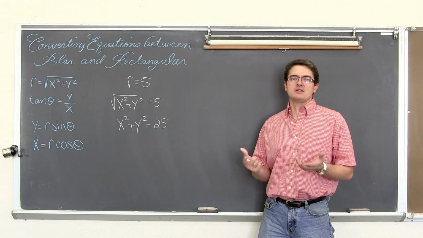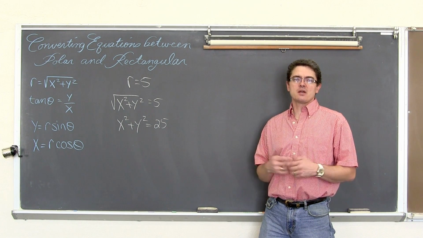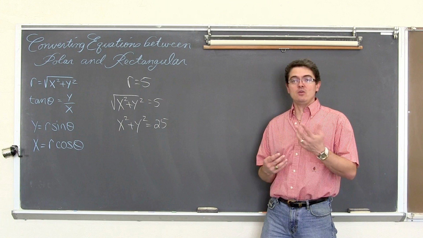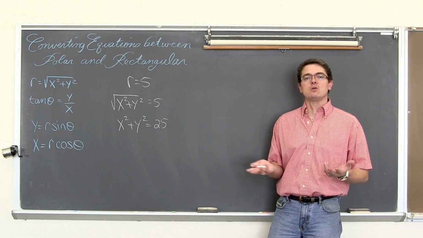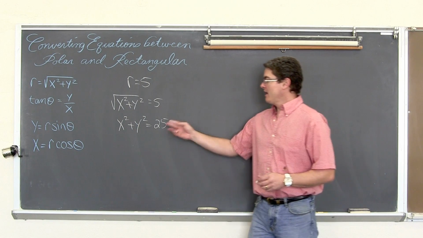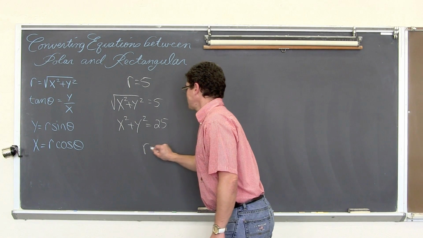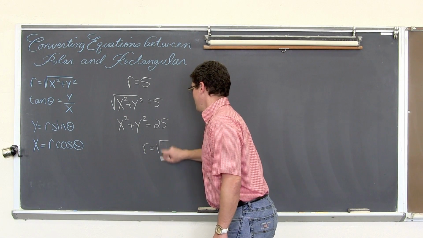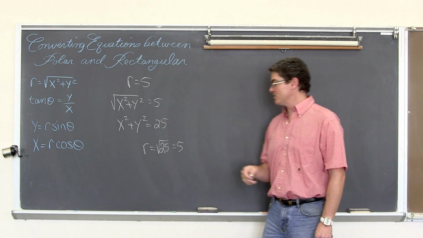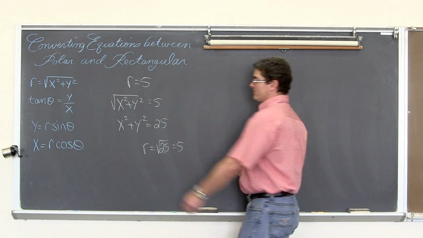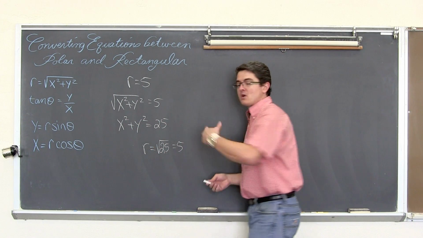I said a lot of concepts there that we haven't studied yet in my class, and maybe you haven't either, but we have x squared plus y squared equals 25. So that's a circle with the center on the origin, and whose radius is equal to the square root of 25, or 5, because remember, x squared plus y squared equals r squared.